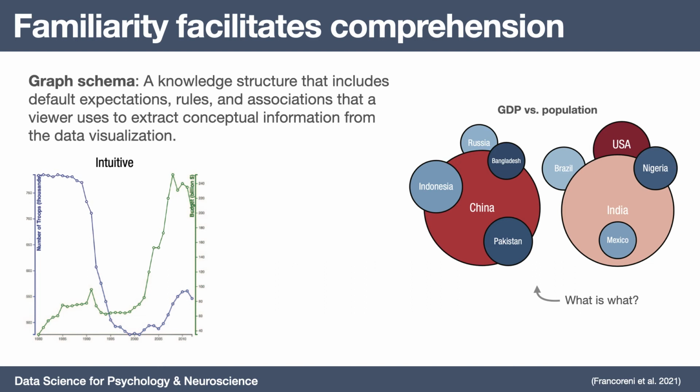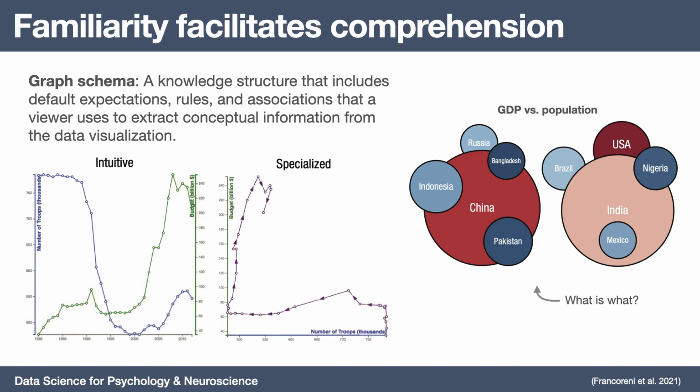First, I'm plotting number of troops in the 1,000s, shown in purple or blue. And then I'm showing budget spent on the military, shown in green. And you can extract that there's this kind of negative relationship across time as the number of troops plummets, but budget expenditures increase.